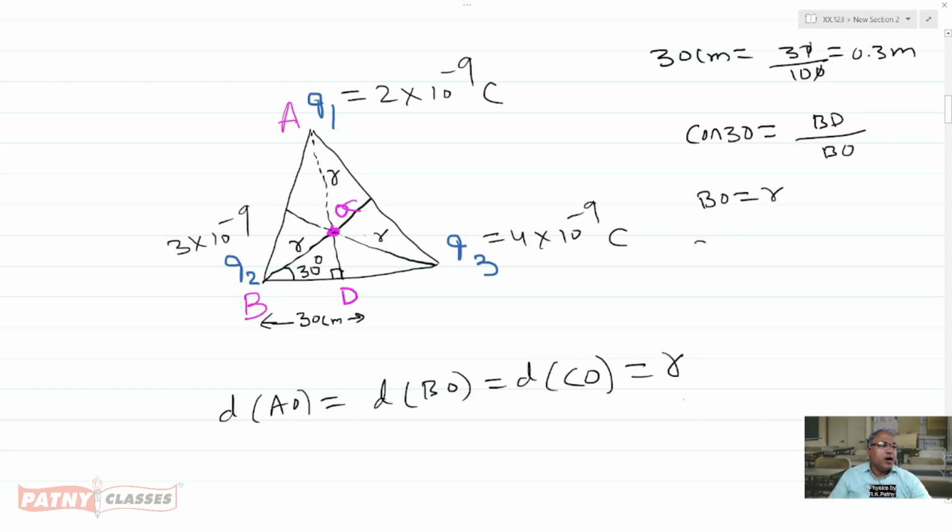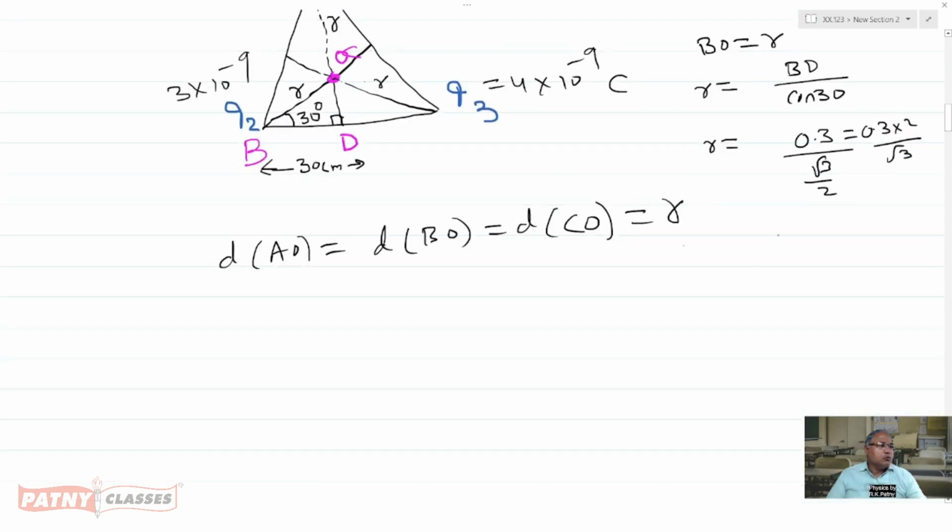So BO we need to find out. BO is nothing but R. Therefore R equals BD upon cos 30. BD is nothing but 0.3 meters. Cos 30 is root 3 by 2. So R equals 0.3 into 2 upon root 3, which is 2 into 3 upon 10 into 1 upon root 3.